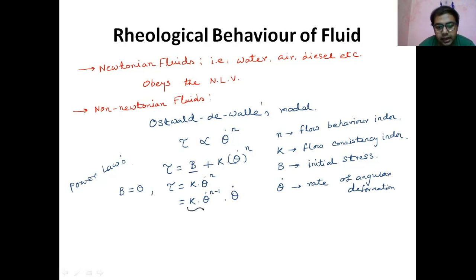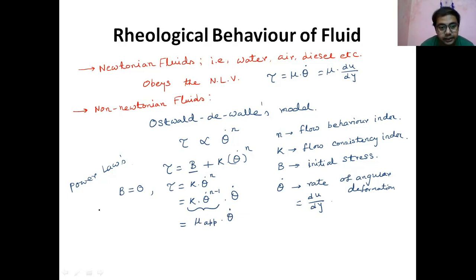Recall Newton's law of viscosity, which we wrote as mu into du by dy, whereas this theta dot is nothing but du by dy in our case also. So this term is known as the apparent viscosity. It is a conversion of the power law into the form of Newton's law of viscosity.